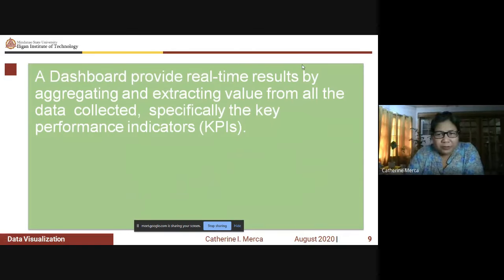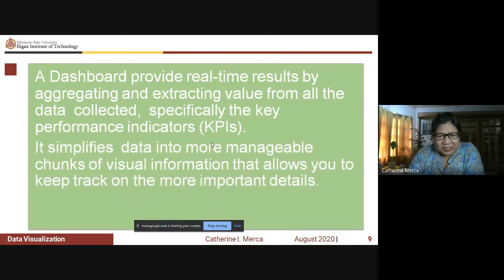For dashboard, your dashboard provides real-time results by aggregating and extracting value from all the data collected, specifically the key performance indicators or KPI. Yun ang ibig sabihin ng key performance indicators. So it simplifies data into more manageable chunks of visual information that allows you to keep track of the more important details.